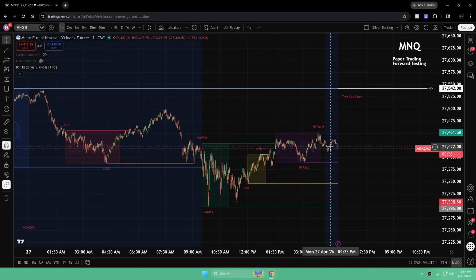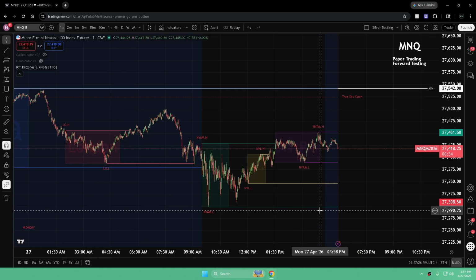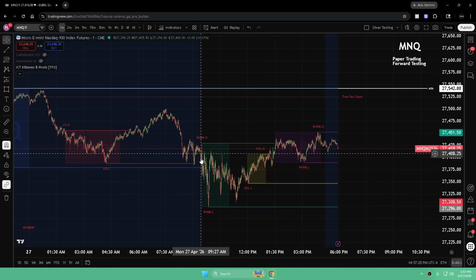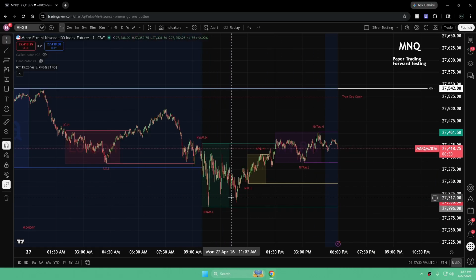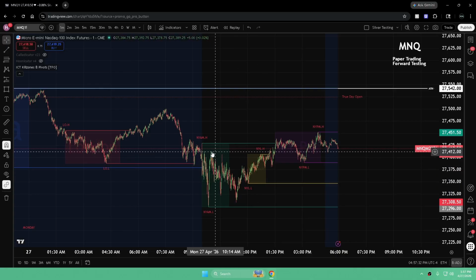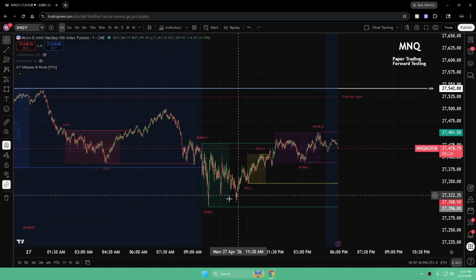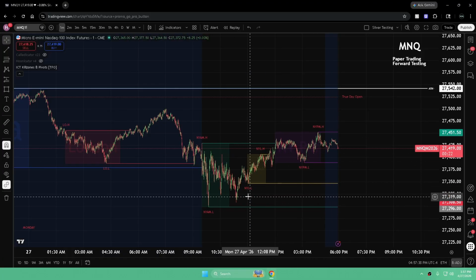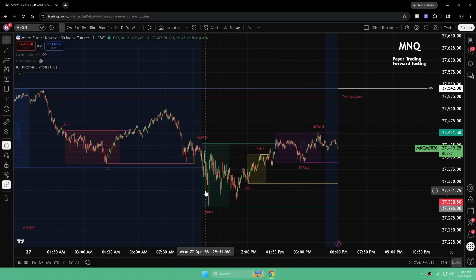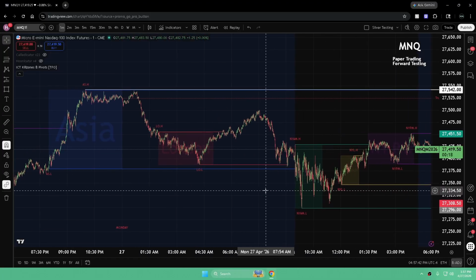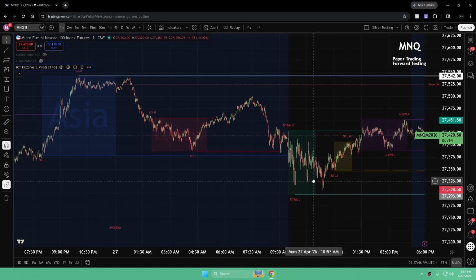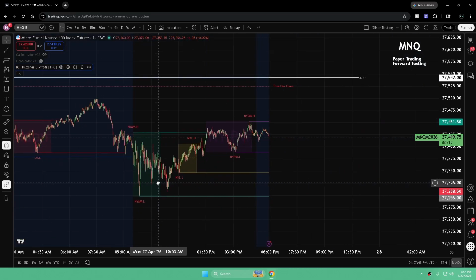Right? If you look at this, we have New York. It sweeps both of these. We go back up. We get a sweep of this New York low. And then it looks like it wants to go back down and sweep these. So it would be seek and destroy profile, or search and destroy. But yeah. Pretty simple stuff.